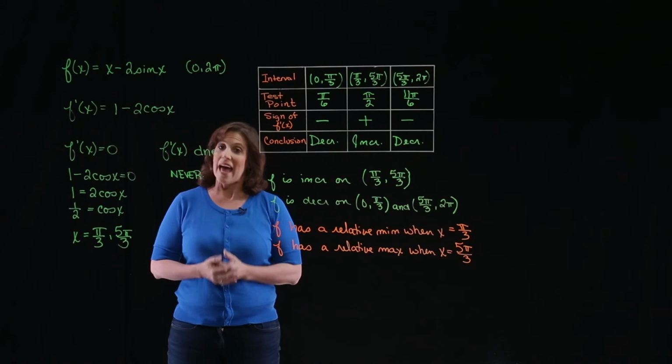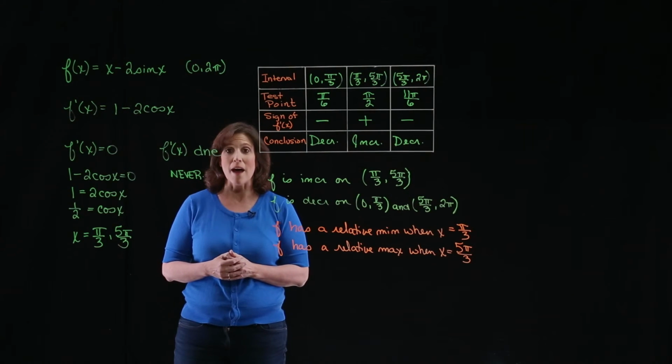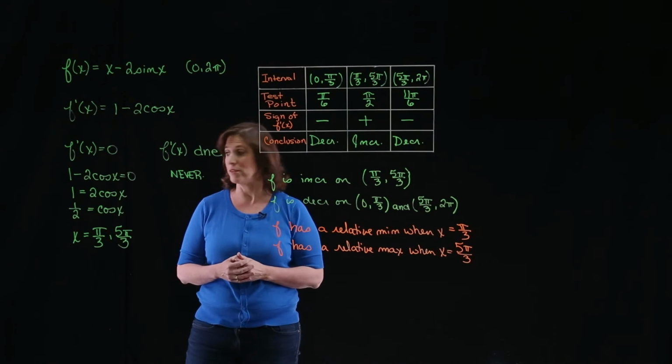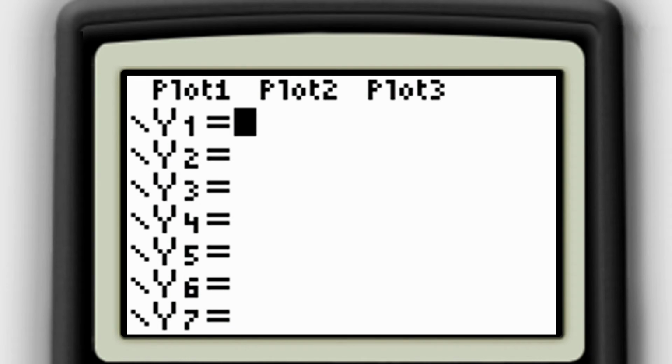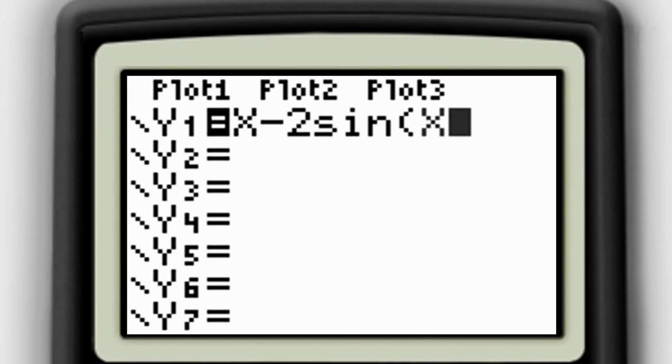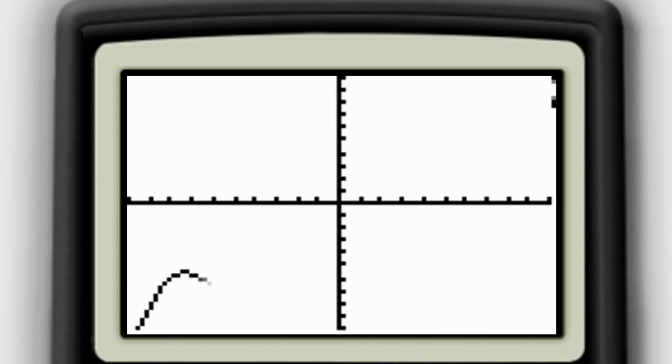Okay, the last step to this problem is to use a graphing utility to verify our results. So you're going to want to enter x minus 2 times the sine of x into your calculator and graph.